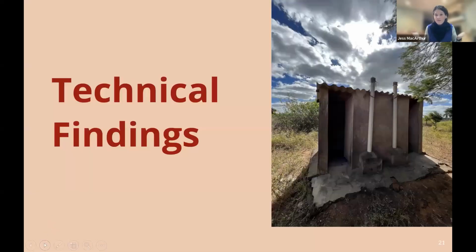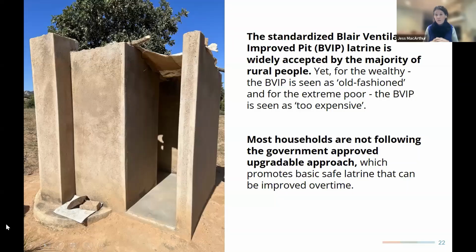Next. So what did we find? What did we learn? These are the technical findings. So the first finding is that the standardized Blair Ventilated Improved Pit Latrine, or the BVIP for short, is really widely accepted by the majority of rural people.